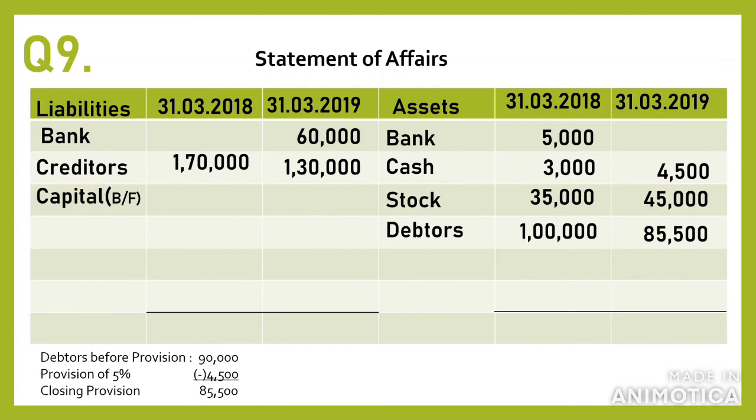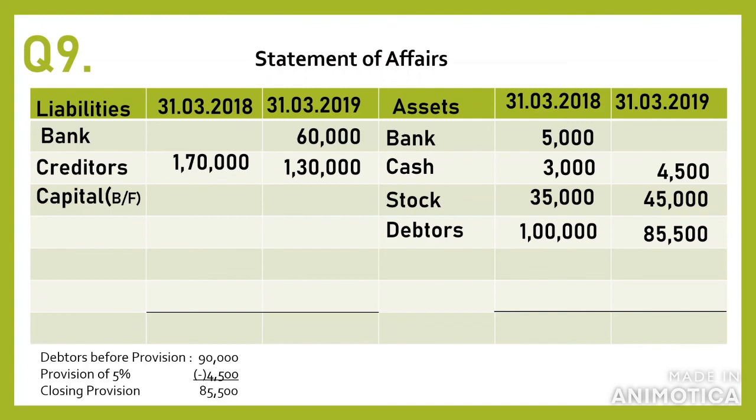So 5% on 90,000 is 4,500. So you reduce 4,500 from 90,000 and you get 85,500. This is what you should show as the closing debtors.